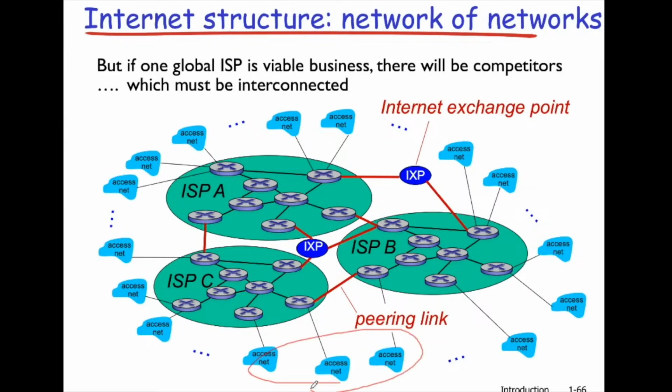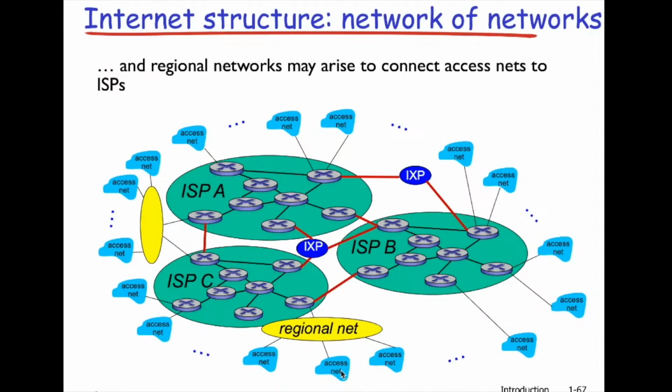Local communities such as this one and this one here can also grow. When there's enough number of these access nets around, we begin to see regional ISPs show up. What these regional ISPs are doing is offering lower price internet access to the access nets, and trying to negotiate internet access with the global ISP at a lower price.